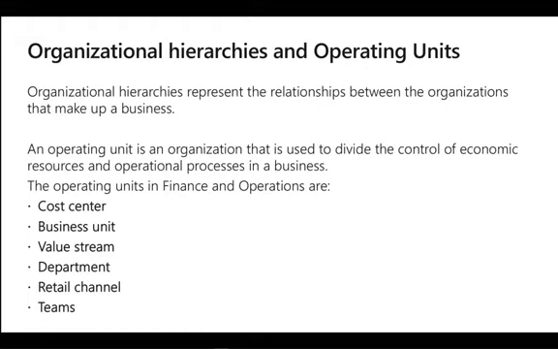Branch, an operation unit that represents a branch location outside of main location of the business. This is part of fleet management sample module and is not installed as part of a production environment. Rental location, also an operating unit that represents a rental location of the business. This is part of fleet management sample module and is not installed as part of production environment either.